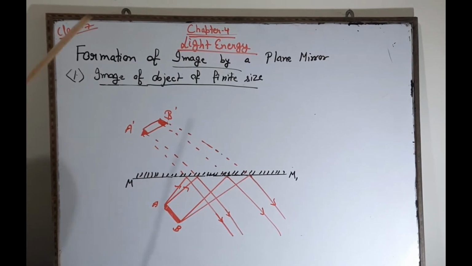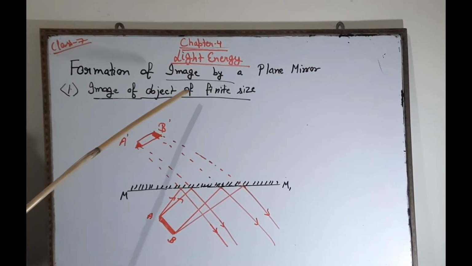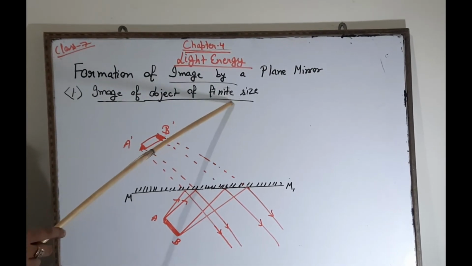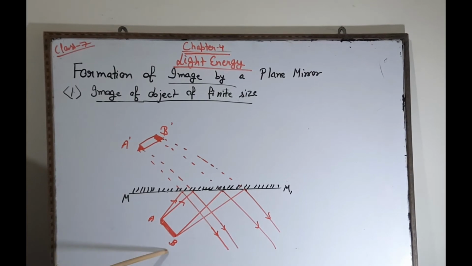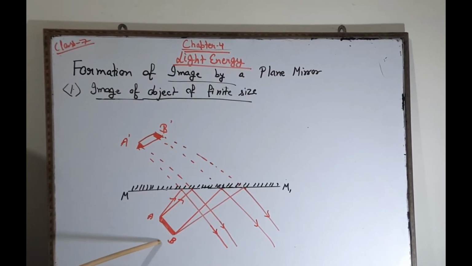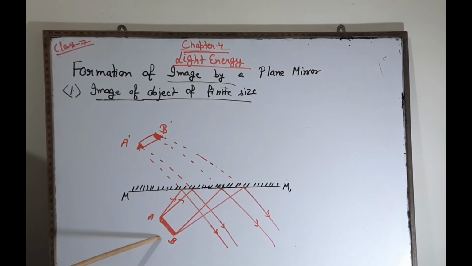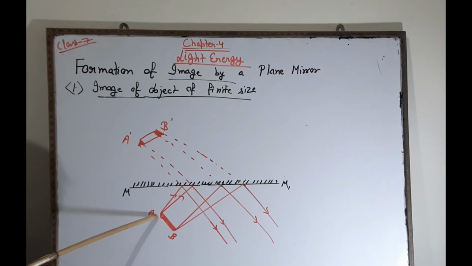Now we will discuss the formation of an image by an object of finite size. For example, I have this pencil, whose starting point is marked as A and ending point is marked as B. From point A we have taken two incident rays.